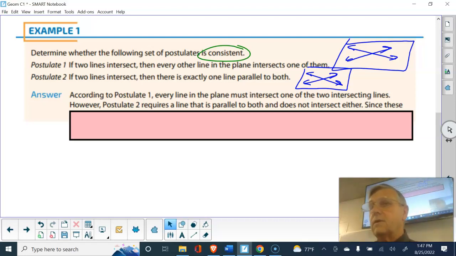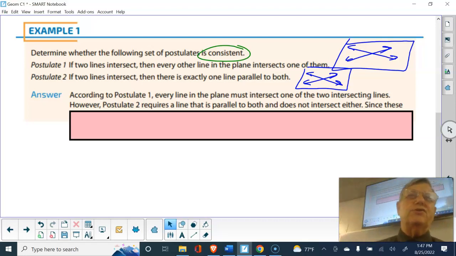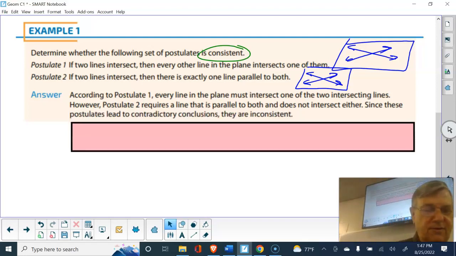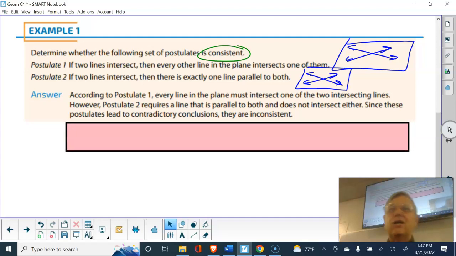So again, we're not trying to see whether it's true or not. We're just trying to see if it's consistent. Postulate 2 requires that a line parallel to both doesn't intersect either. Since these postulates lead to contradictory conclusions, the first one says every other line has to intersect one of them, and the second one says there exists a line that's parallel to both. Well, that's a contradiction. So therefore, not consistent.